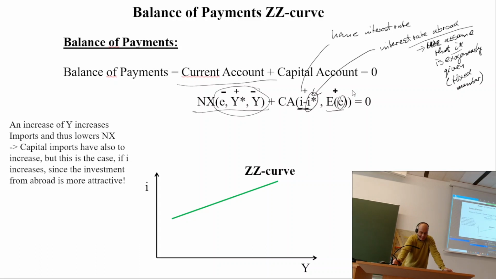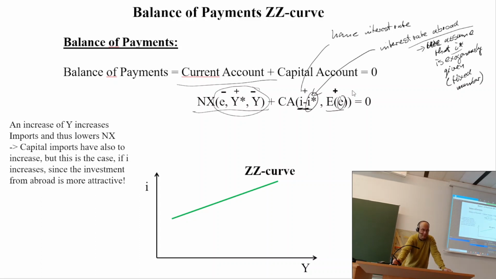And if we are assuming that our currency will appreciate, then of course our currency will be more attractive, and thus we assume a positive dependence of the capital account on the expected exchange rate.